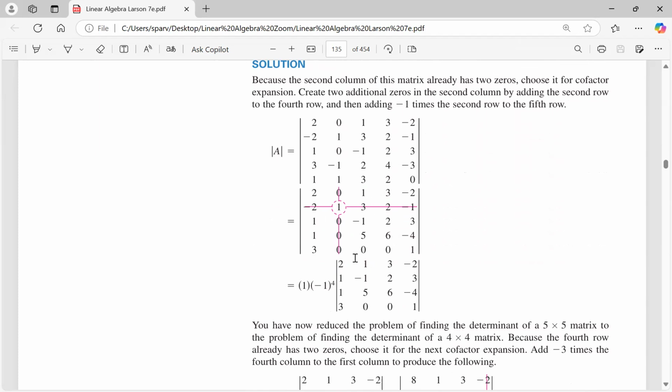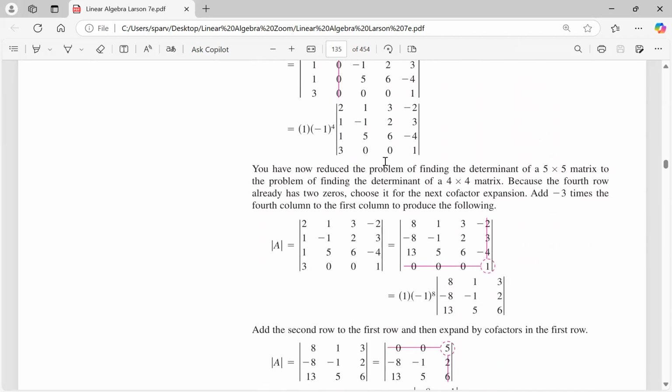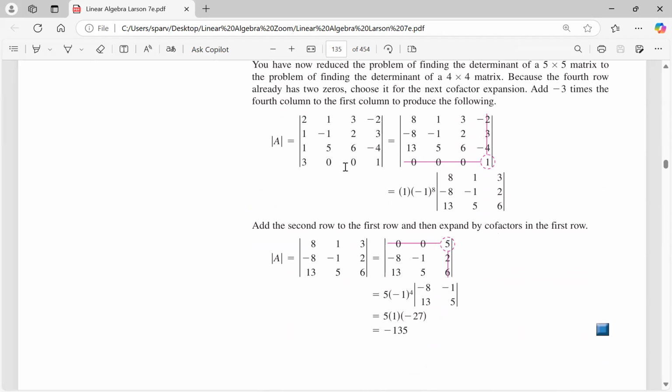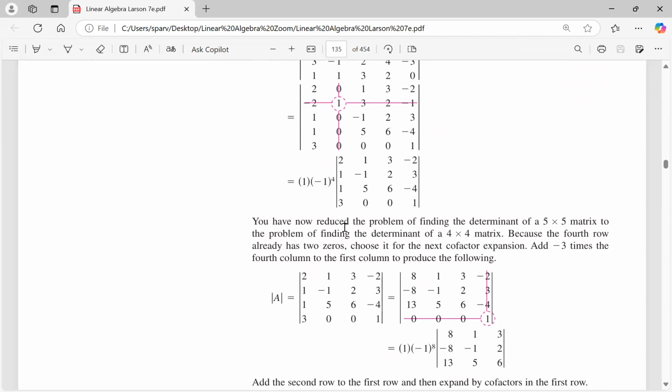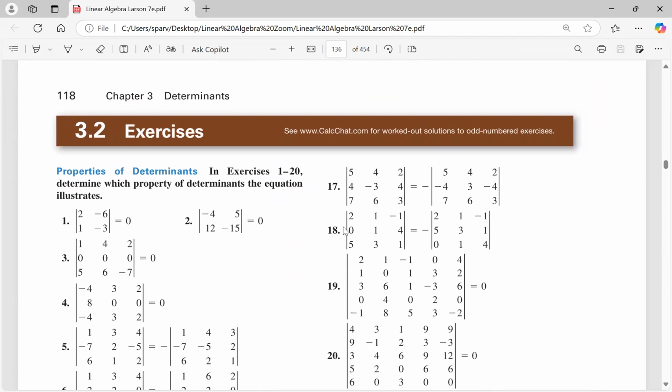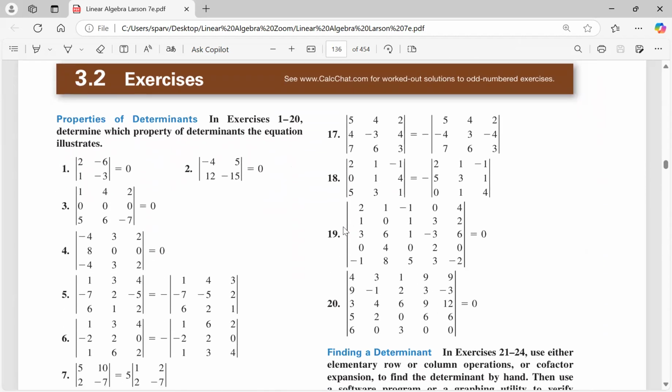Notice what he's done. He's trying to get 0, 1, 0, 0, 0 here. You see that? This is a perfect column to do a cofactor expansion about, the second column. Then you can reduce this and maybe do a cofactor expansion about the fourth row. So we could make these things go a little faster by doing elementary row operations beforehand. That's just something to point out.